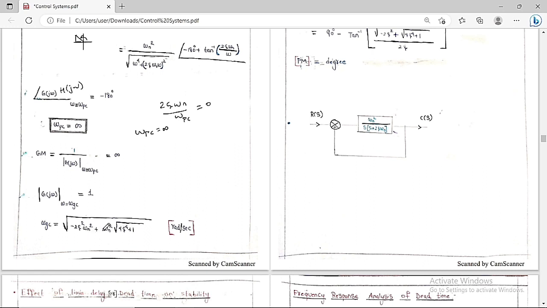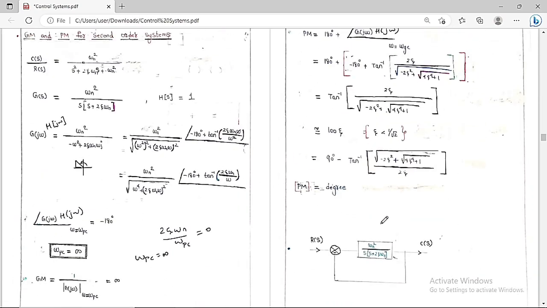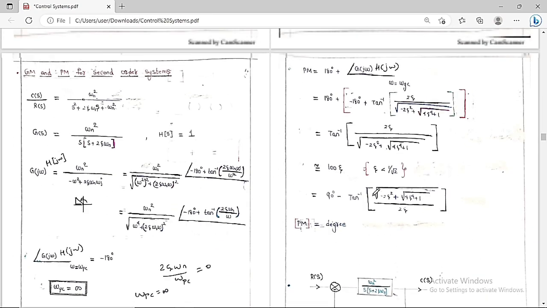If you take omega n common, you are going to get omega n outside, which becomes omega n under root of minus 2 zeta square plus under root of 4 into zeta to the power of 4 plus 1. This is what you are going to get for omega gc. I have substituted omega gc in place of omega, and then this omega n cancels.